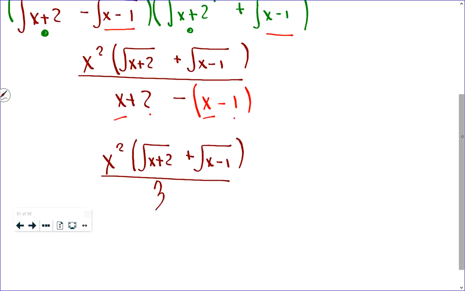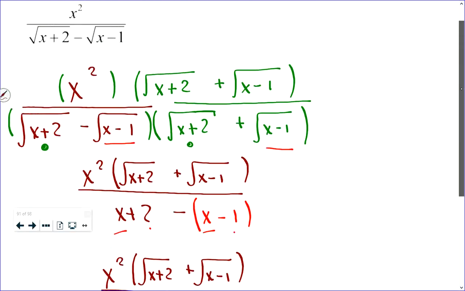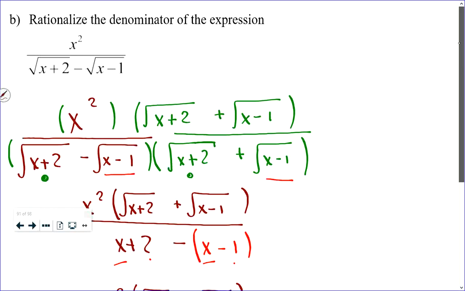Go ahead. Could I have done it by factoring it instead? I would say no. And I'm glad you asked, because if I thought of the denominator as a difference of squares, then the thing that I square, this is going to be difficult to follow, the thing that I square to get the square root of x plus 2 is the fourth root of x plus 2.